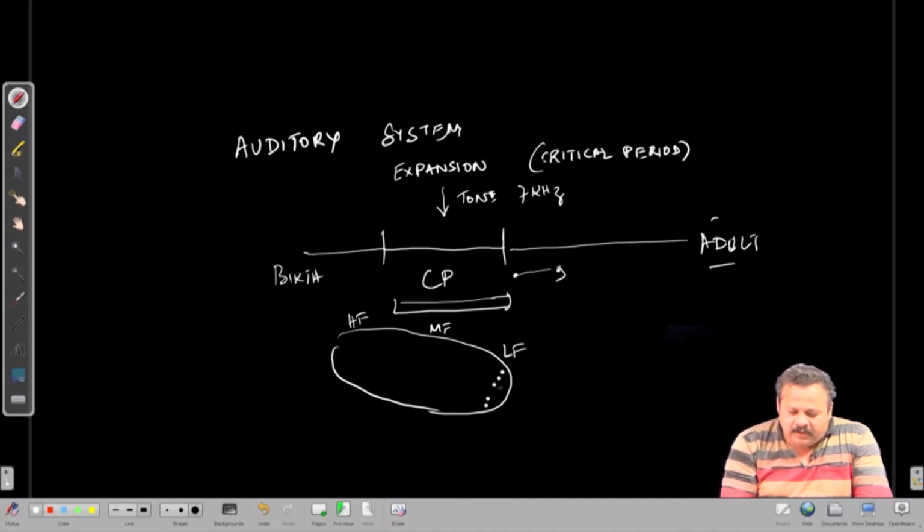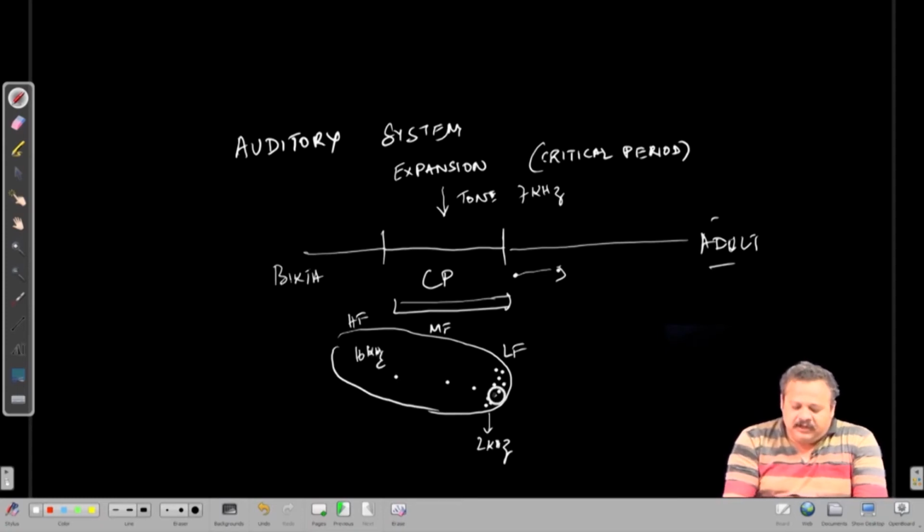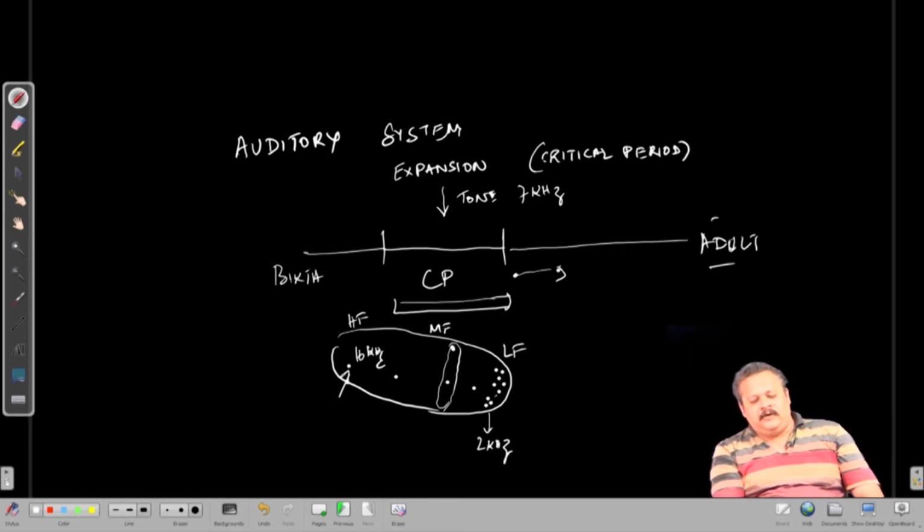So, we have regions of neurons sensitive to 2 kilohertz, gradually shifting to, let us say, 16 kilohertz in this region. That is, neurons here are tuned to low frequencies up to high frequencies on the other end. 7 kilohertz being somewhere in between, this is the usual area of representation of 7 kilohertz, in the sense that a majority of neurons there have a best frequency of 7 kilohertz.